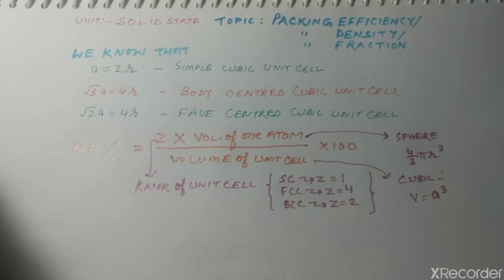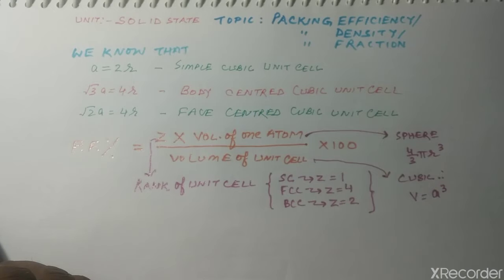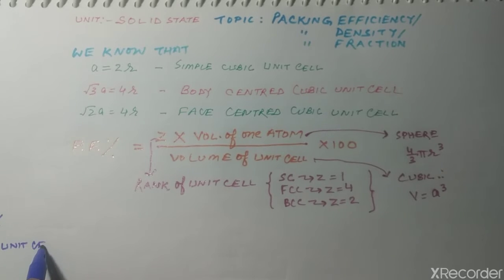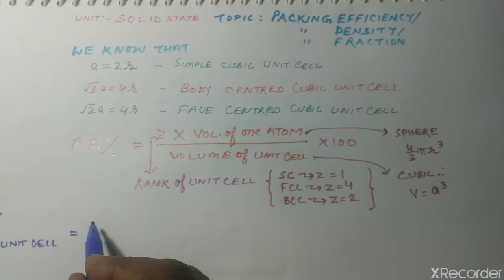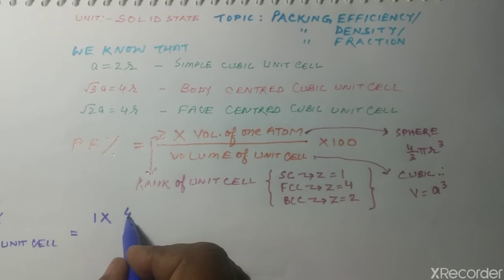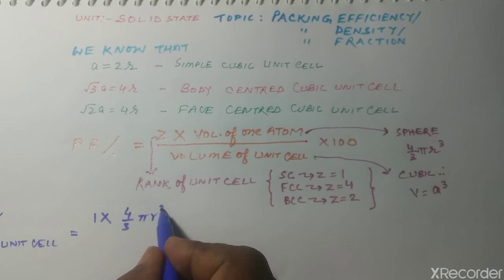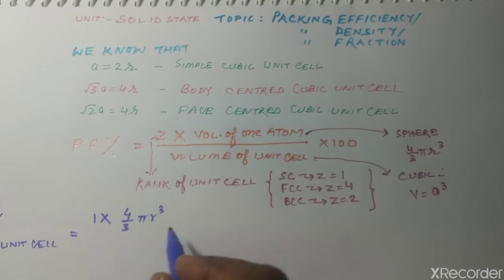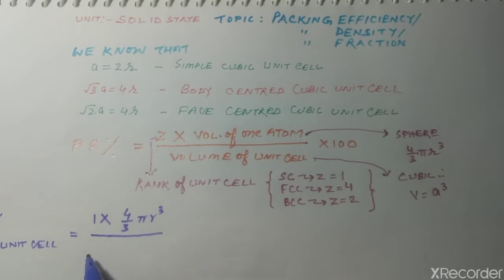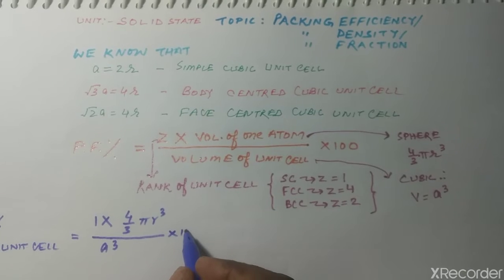Now with this only we can see the packing fraction in percentage of simple cubic unit cell will be Z, 1, into 4/3 pi r cube upon volume of cube, a cube, into 100.